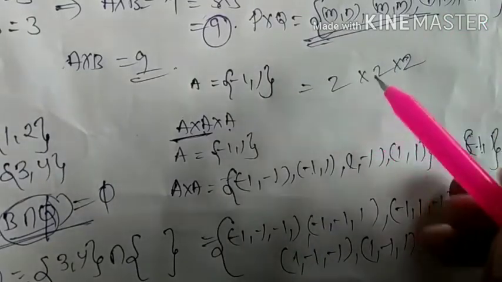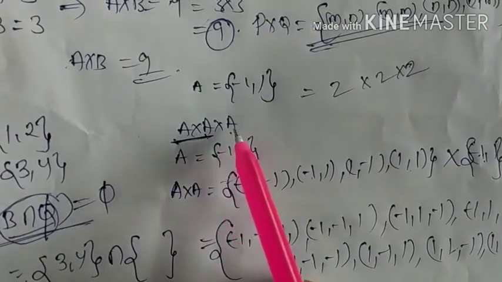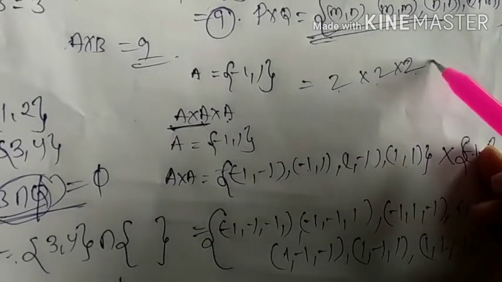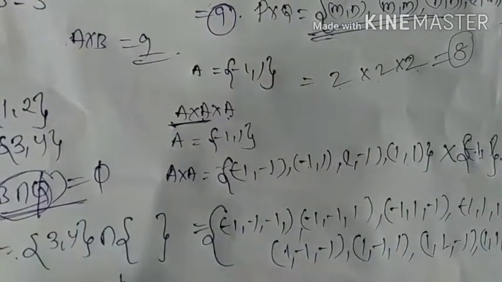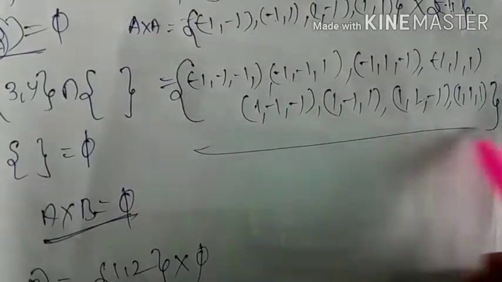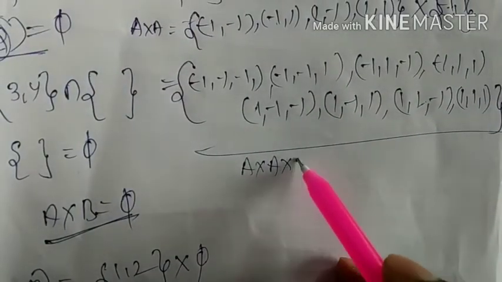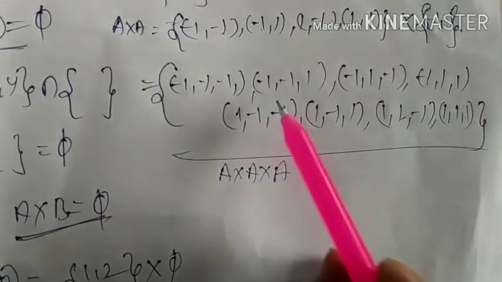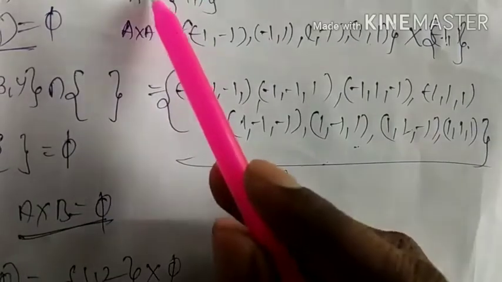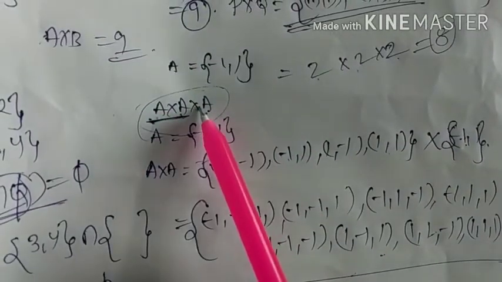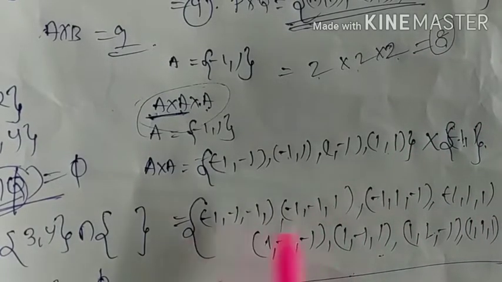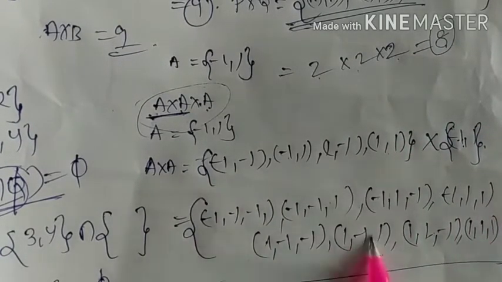If you find the number of elements in A cross A cross A, you will get 8, because 2 into 2 into 2 is 8. Let's check whether this set contains 8 elements or not, because the number of elements is equal to 8: 1, 2, 3, 4, 5, 6, 7, 8.